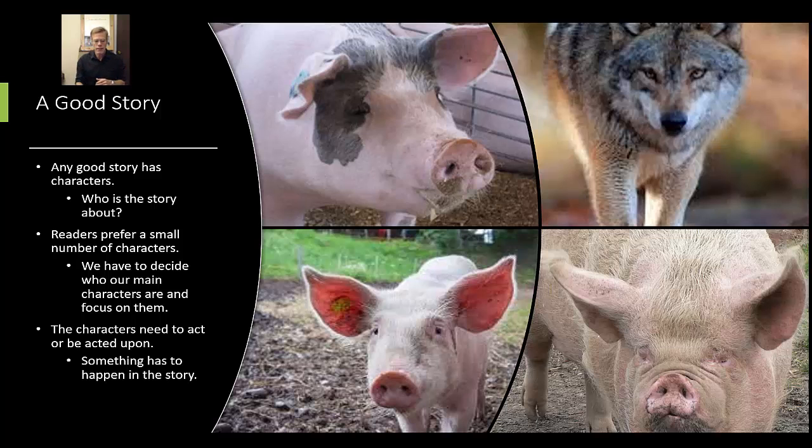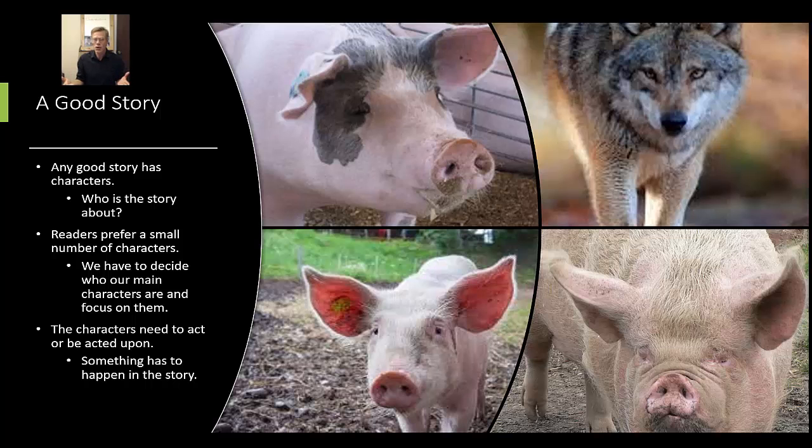And then finally, the characters need to act or be acted upon. There has to be action in the story, and as I said before, that action should be in the verb position. So the characters that you choose for the story should do things. So thinking again about the Three Little Pigs, they build houses, and the wolf, he blows them down and eats the pigs.